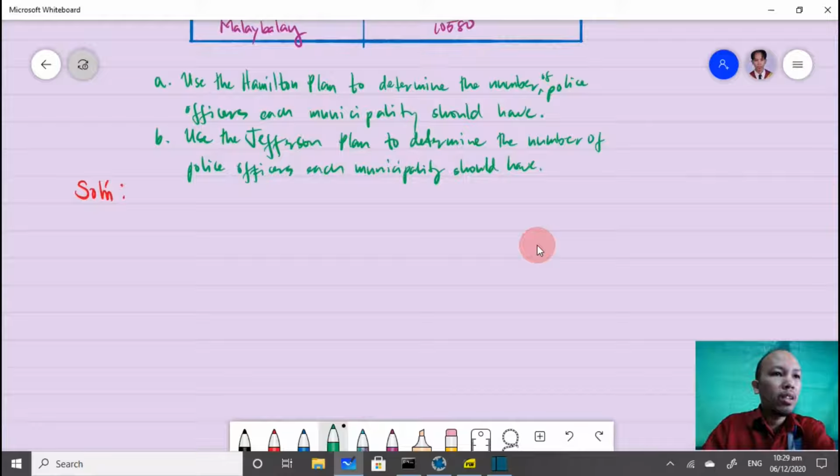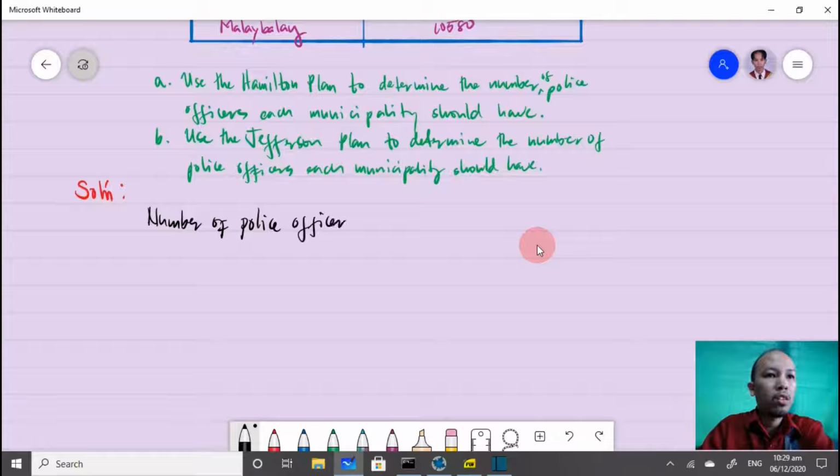Remember that, the number of police officers to be apportioned is equal to 90.